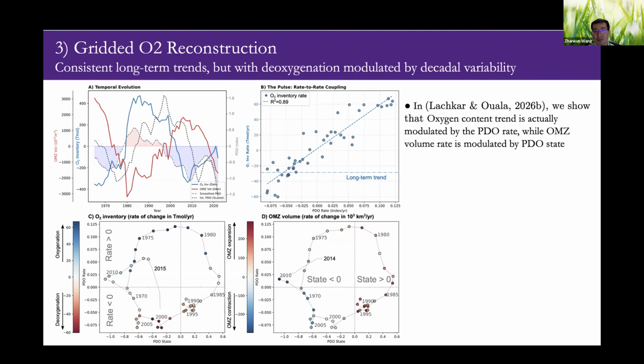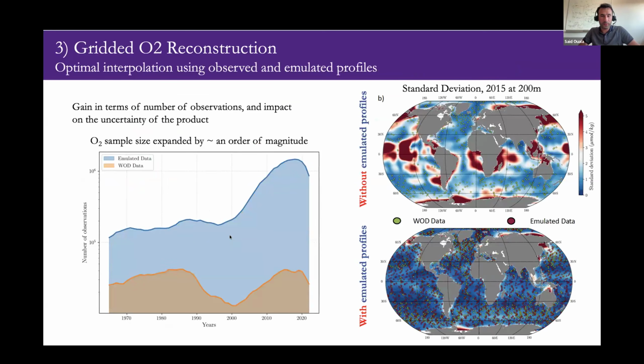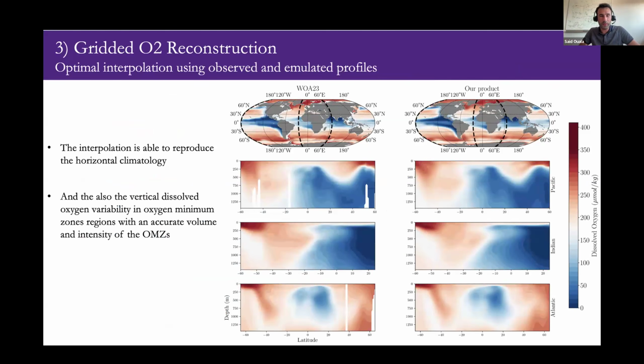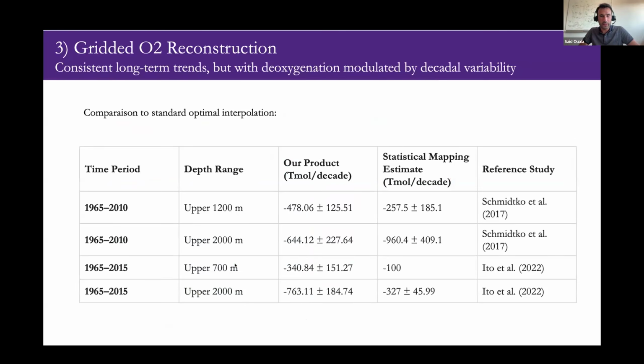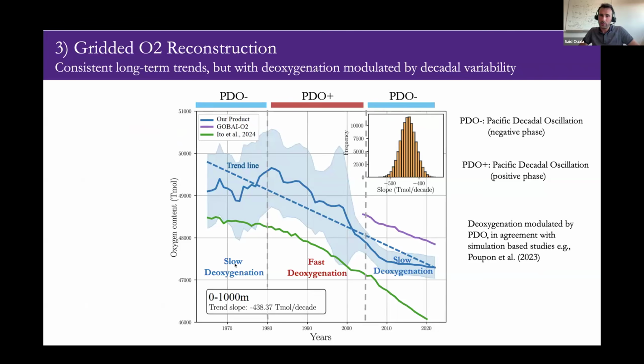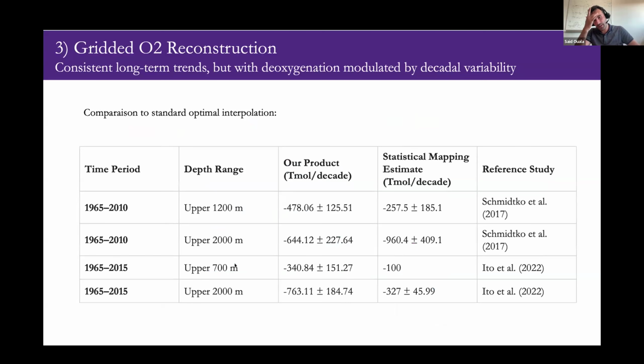But when we compare climatological distributions and deoxygenation trends, we didn't feel that we were quite different. But this may be misleading, because this is based on statistical mapping estimates that only use dissolved oxygen observations. So maybe it's not a ground truth.